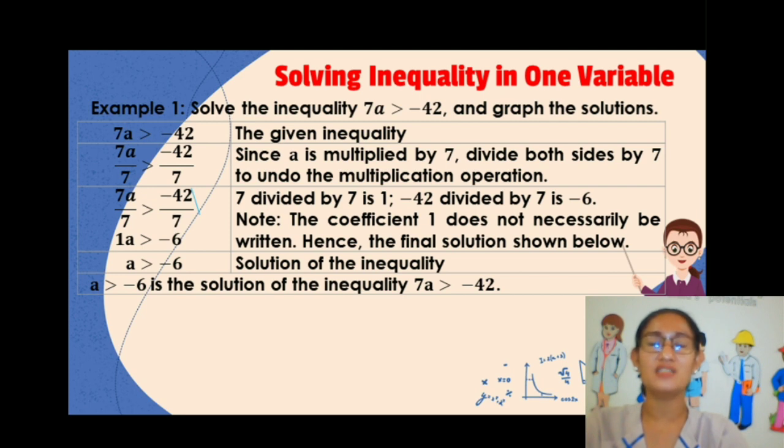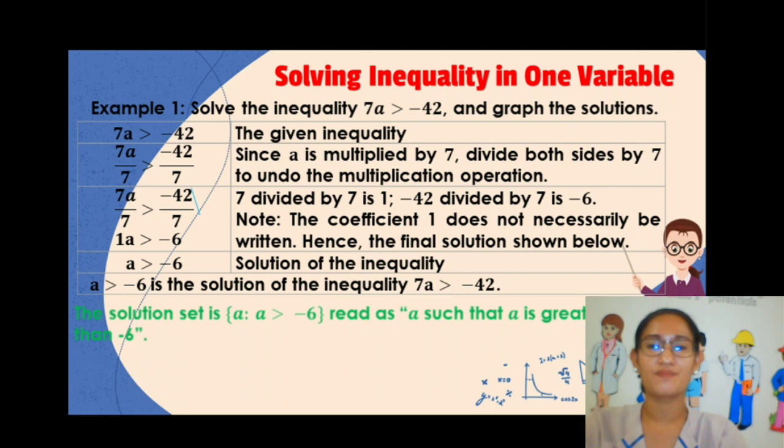Take note that the coefficient 1 does not necessarily need to be written. Hence, the final solution is shown below: a is greater than negative 6. The solution set is such that a is greater than negative 6.